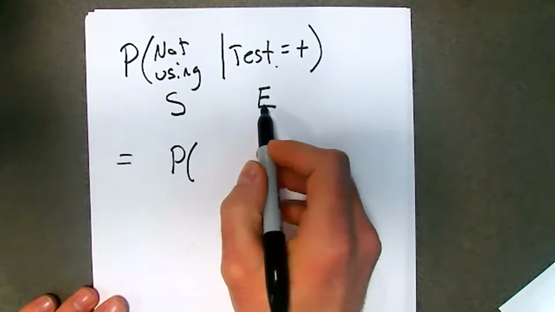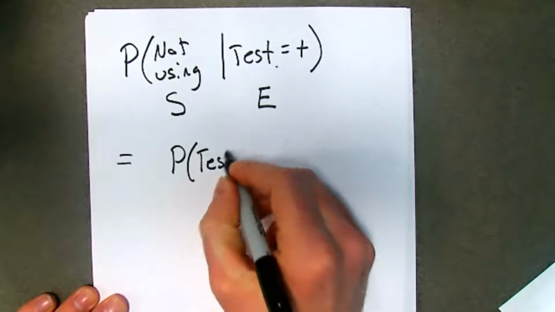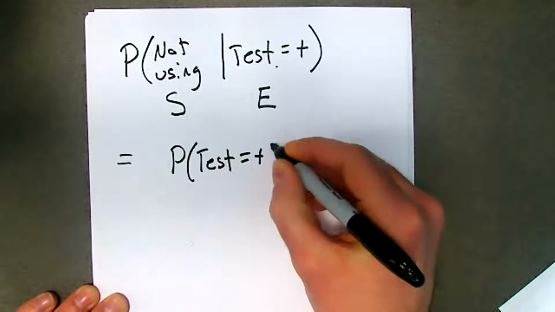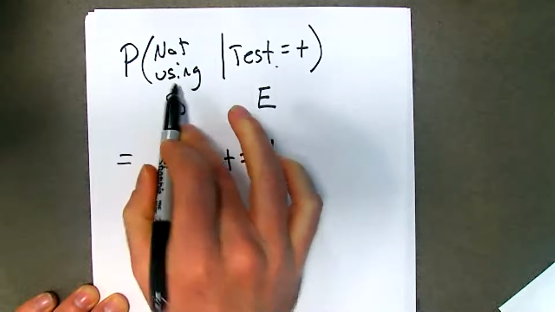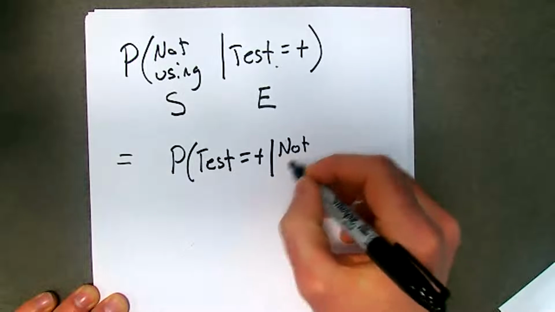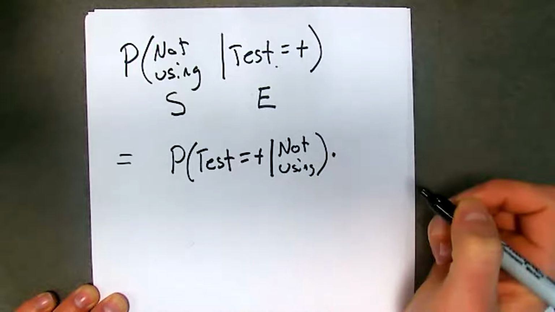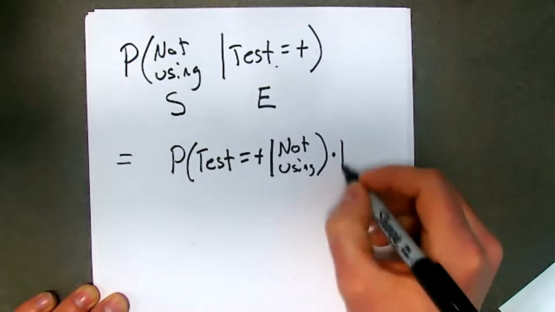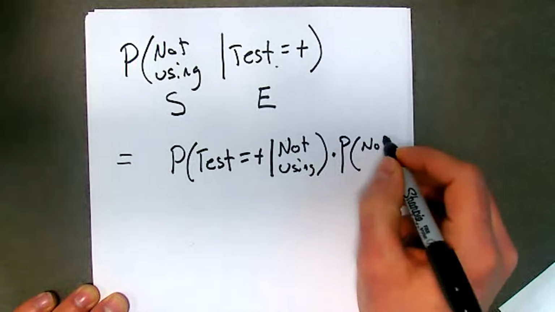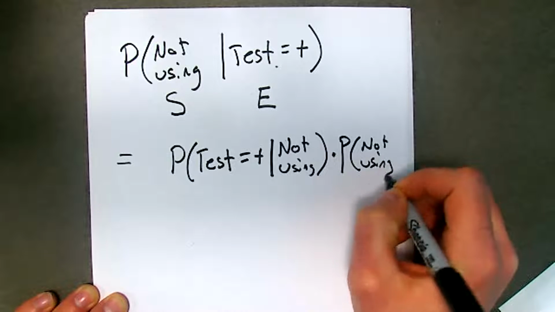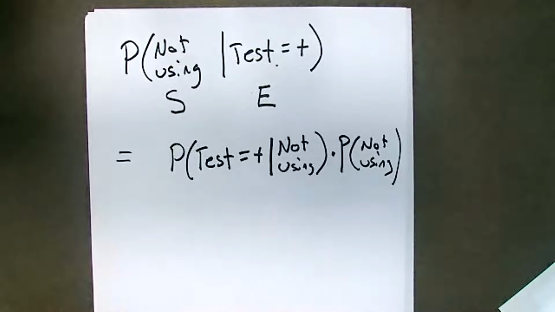So the probability of E, the test comes back positive, given S, our S was that they were not using. And then it was multiplied by the probability of S, so the probability that they're not using, right? And that's what's in our numerator. So hopefully this doesn't screw us up too much in class here.